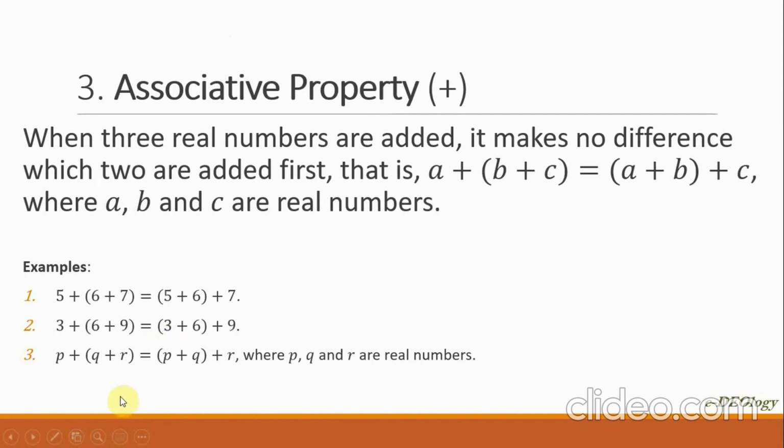On the third example, there are 3 letters that represent numbers. So P, Q, R is here.